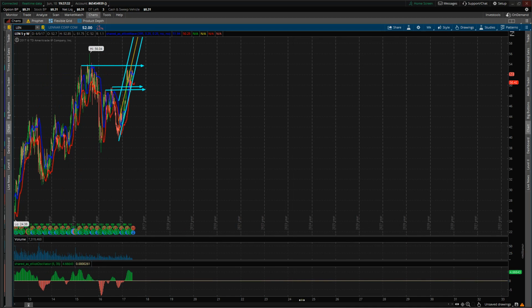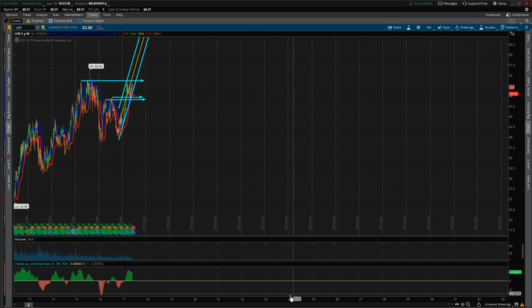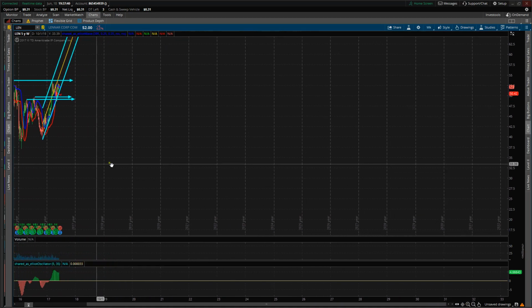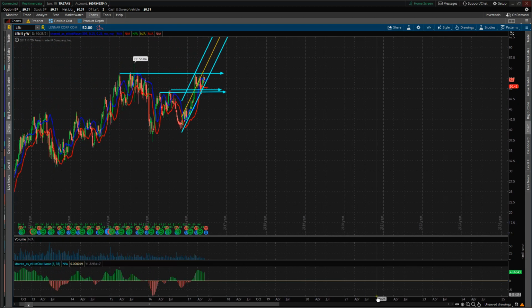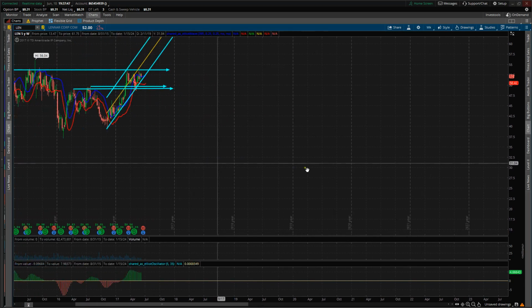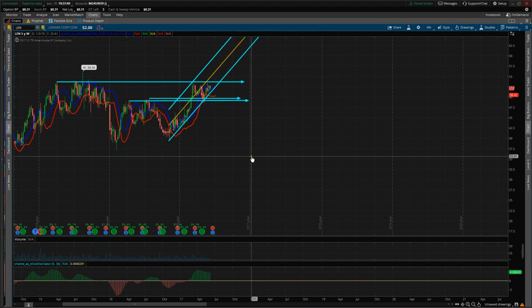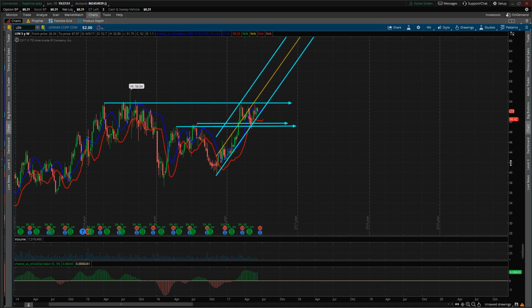Just going to zoom out of there. So these are ones I've prepared earlier, but then we're going to do some actual drawing things on and everything like that. So this is the weekly time frame.